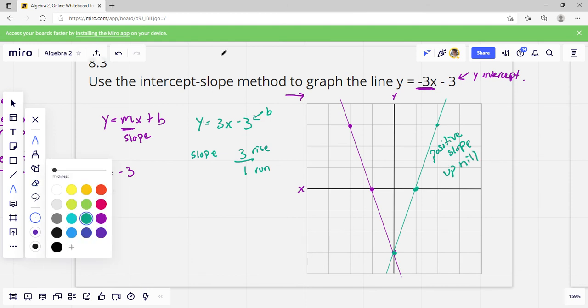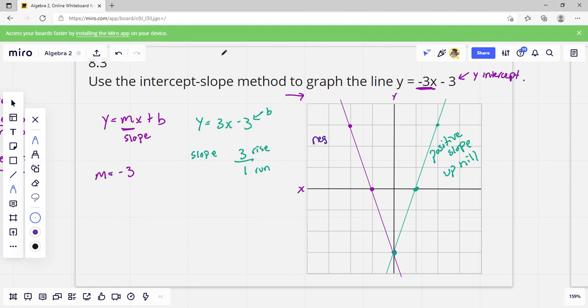Our negative slope goes downhill. So it's going down, and our positive is going up. Okay?